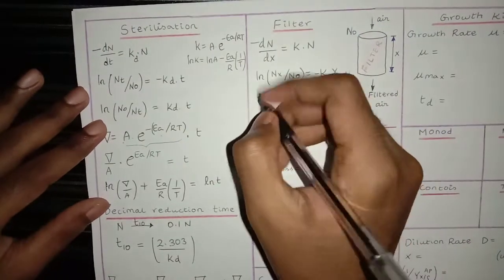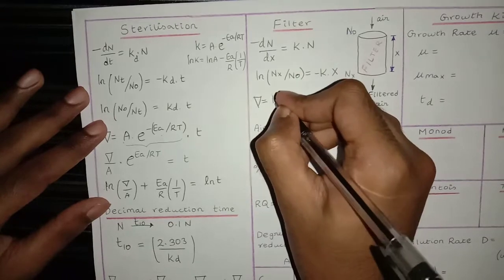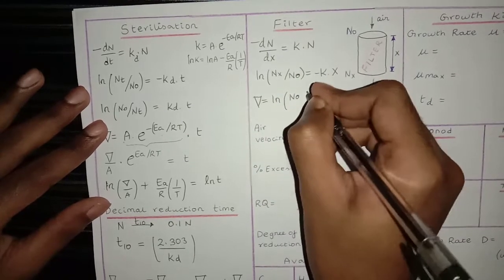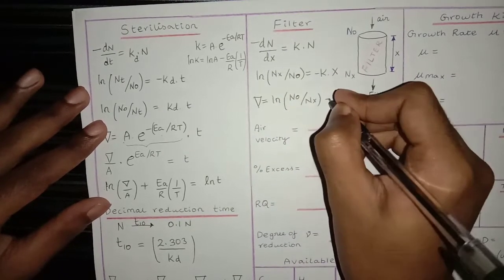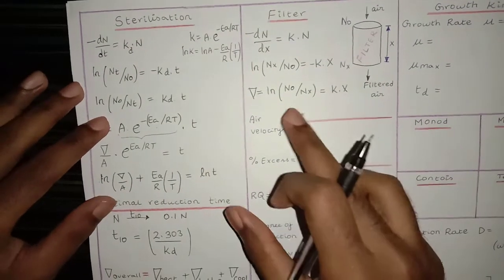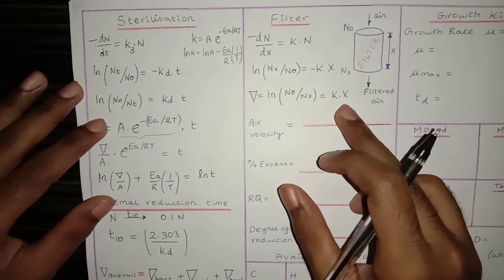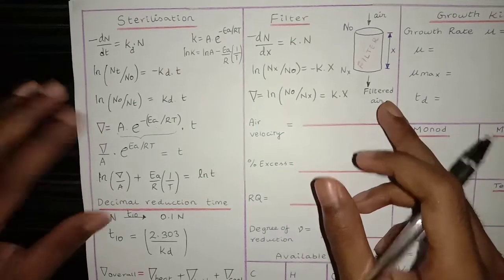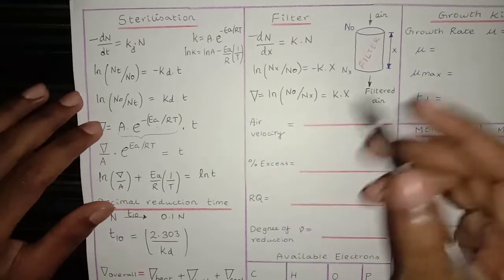Similarly we can write del, which is equal to ln N0 over Nx, which is equal to k times the length of the filter. By using this value we can determine k or x, whichever unknown has to be calculated.